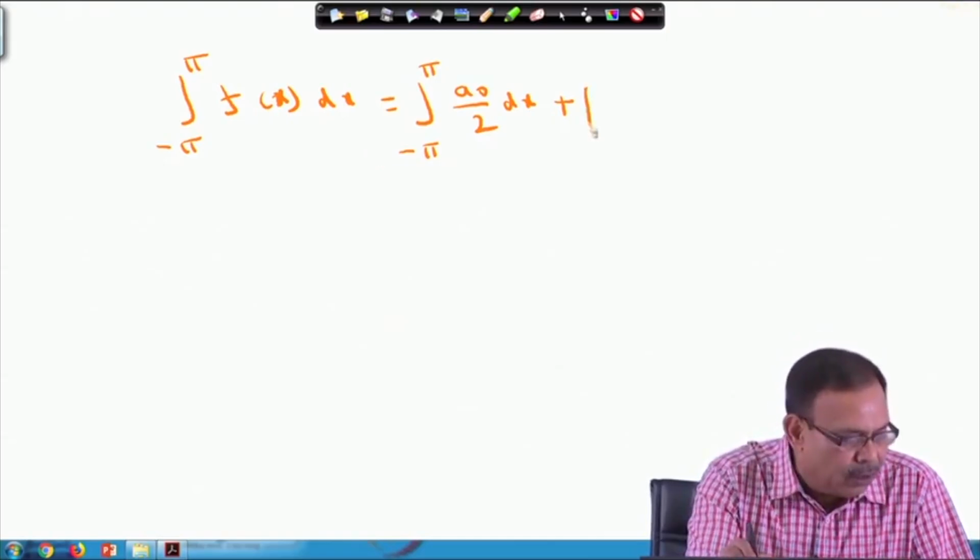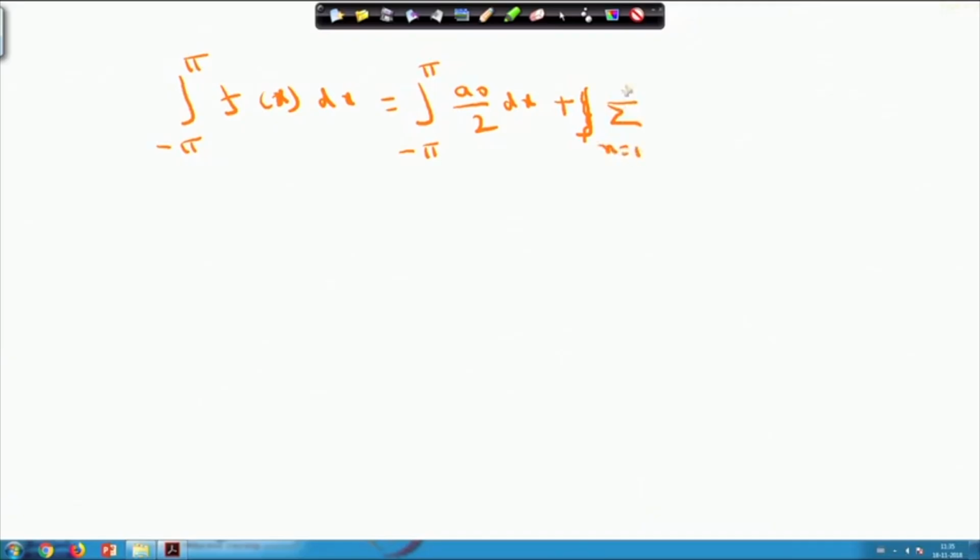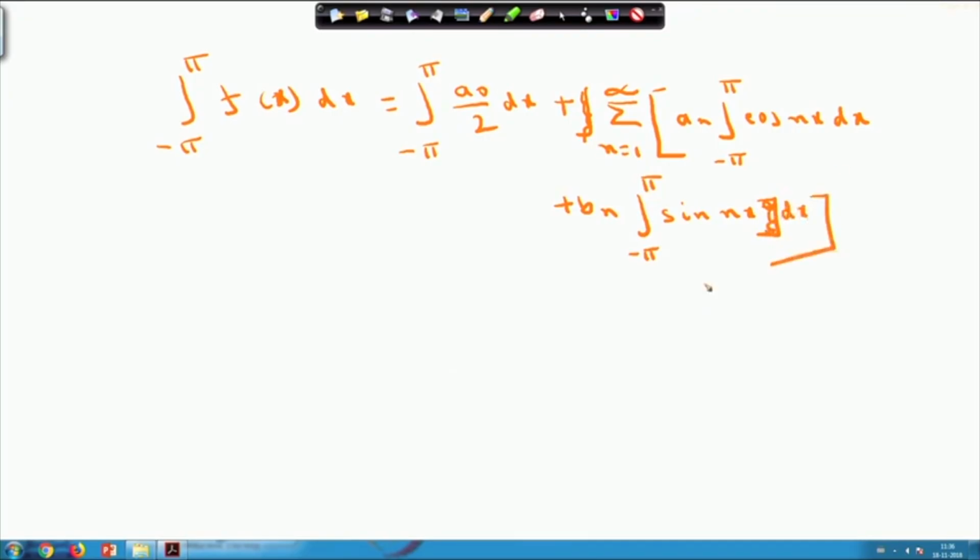So, that plus summation n equals 1 to infinity, a_n into the integral from minus pi to pi cos nx dx plus b_n into the integral from minus pi to pi sin nx dx.